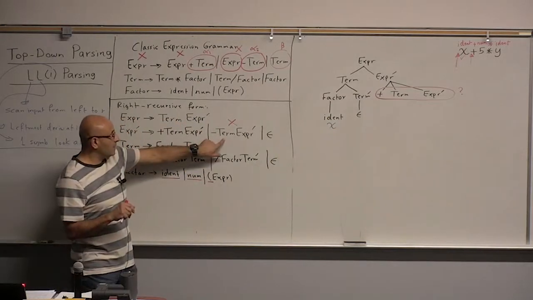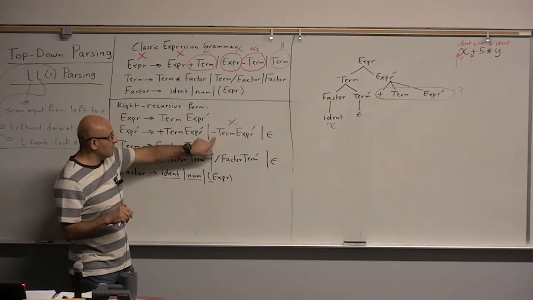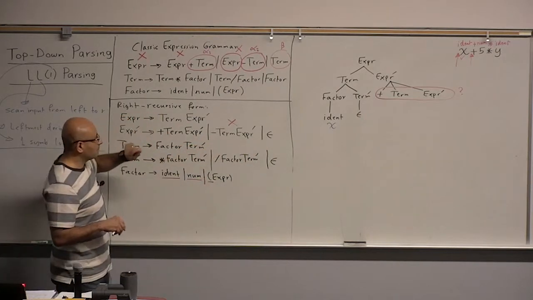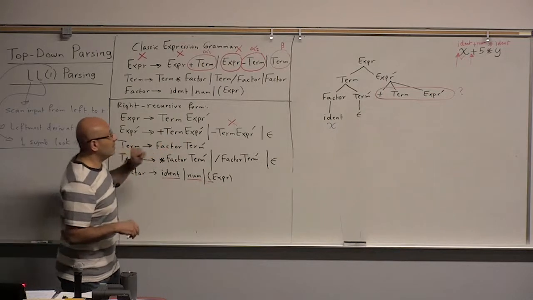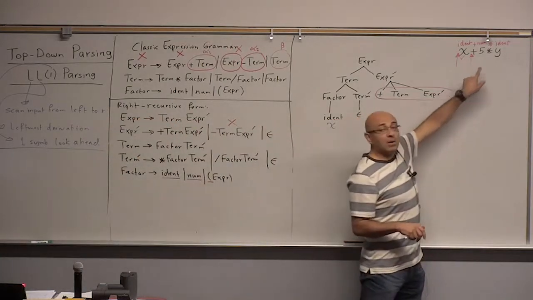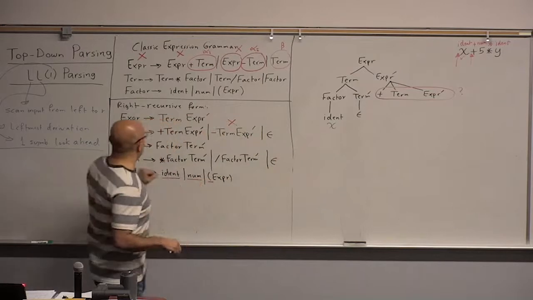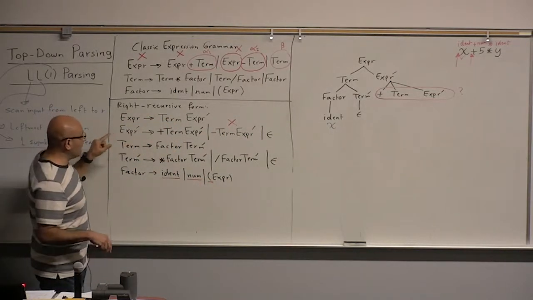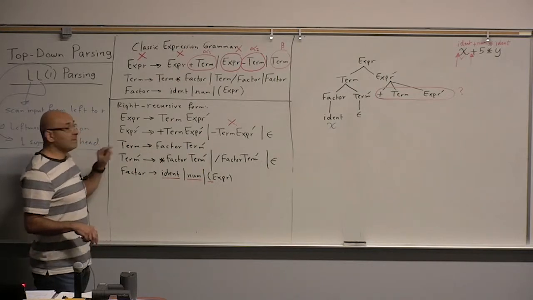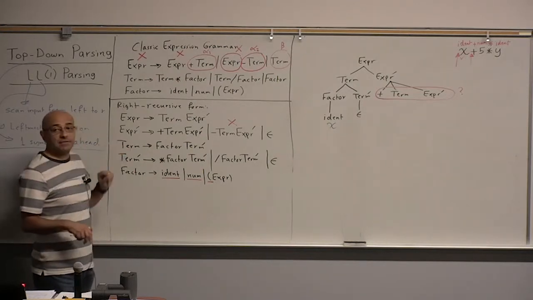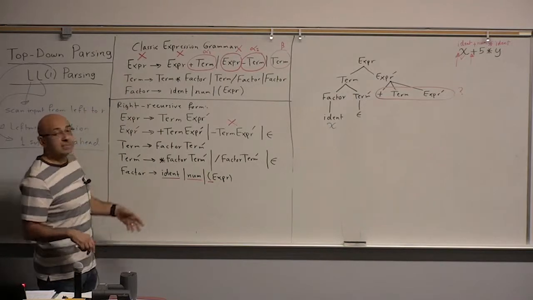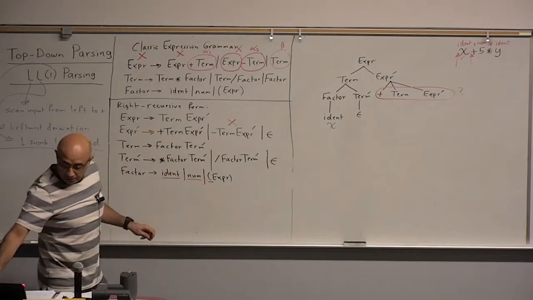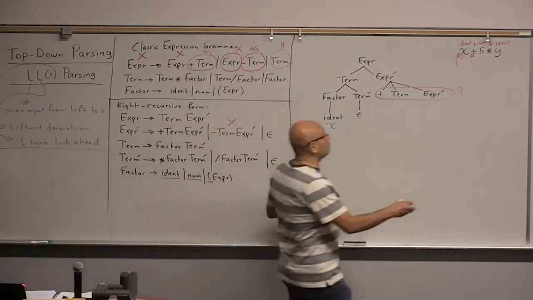I know for sure that this is not right because I'm not seeing a minus, but this may be right if the plus sign that I'm seeing in the input belongs to something that can come after an expression prime. So in other words, I need to do an analysis that tells me what can possibly come after an expression prime in this grammar. And this is what we call the follow set. We're not going to do them right now, but we'll do them later. So we need to know the follow set.